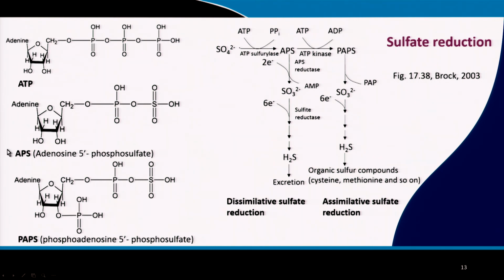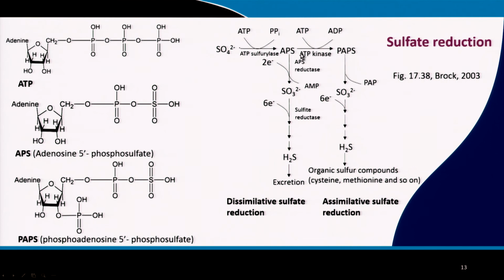It has already been formed as APS, adenosine 5-phosphosulfate. Another phosphate is added at the C2 position to get phosphoadenosine 5-phosphosulfate, PAPS for short. Now ATP is being converted to ADP, and a PAPS molecule is generated.